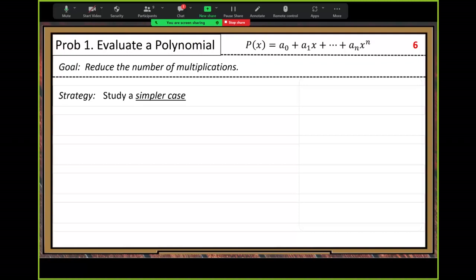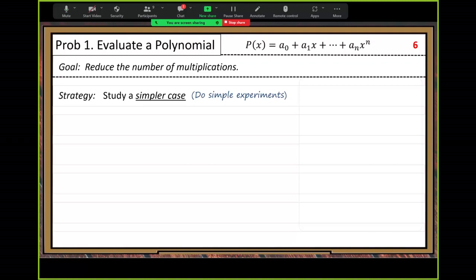Study a simpler case. Remember, we used this strategy last time in our Monday's class. So do simple experiments. Remember? When we work on simpler cases, actually we are doing experiments for some simpler cases.